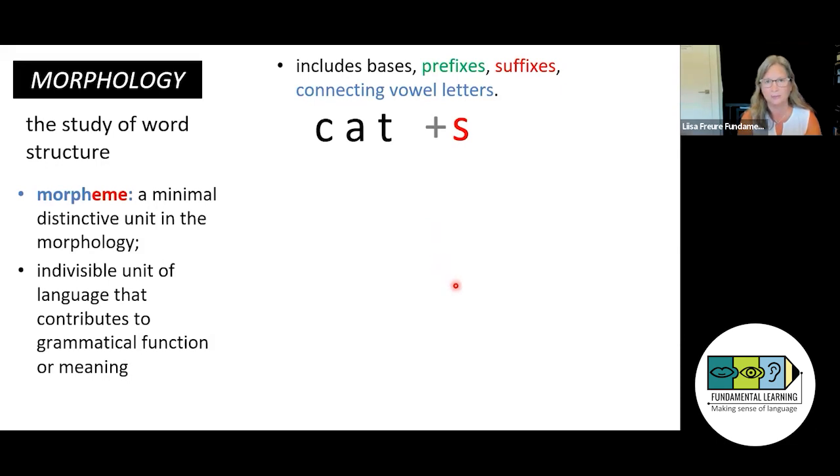So if I had a word like reconfirm, what's problematic if I teach a student that a prefix only goes at the beginning of a word? Or unrecorded. Can we have more than one prefix?